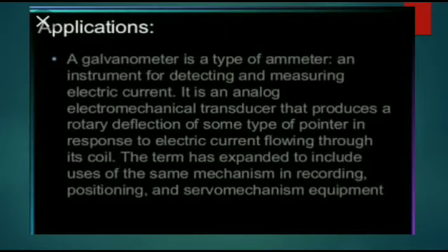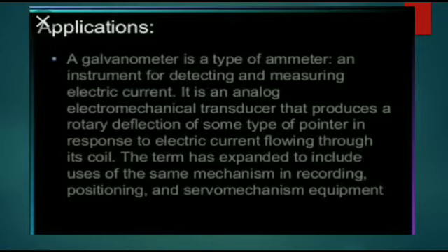Now, their applications. A galvanometer is a type of ammeter, an instrument for detecting and measuring electric current. It is an analog electromechanical transducer that produces a rotatory deflection of some type of pointer in response to electric current flow through the coil.